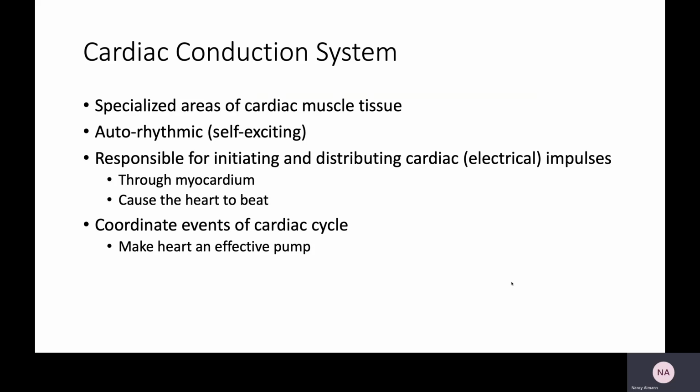They are self-exciting and autorhythmic cells. Their job is to initiate and distribute those electrical impulses through the myocardium, which cause the heart to beat. There are coordinated events that occur during the cardiac cycle, which allow the heart to be an unbelievably effective pump.